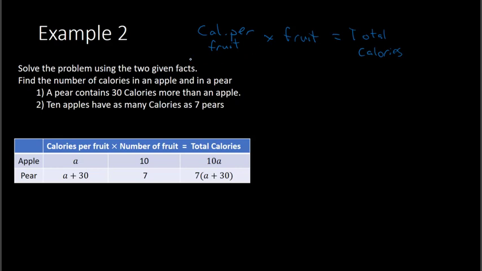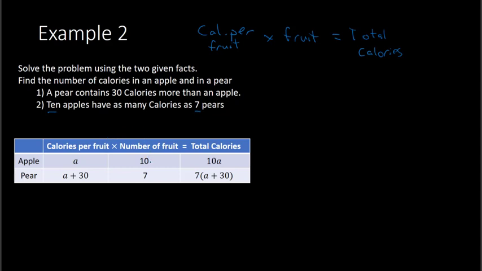So here's your table. We have apples and pears. We have calories per fruit times the number of fruit equals total calories. So the number of fruit we have here is 10 and 7. So this is information we can use to determine the calories per fruit.